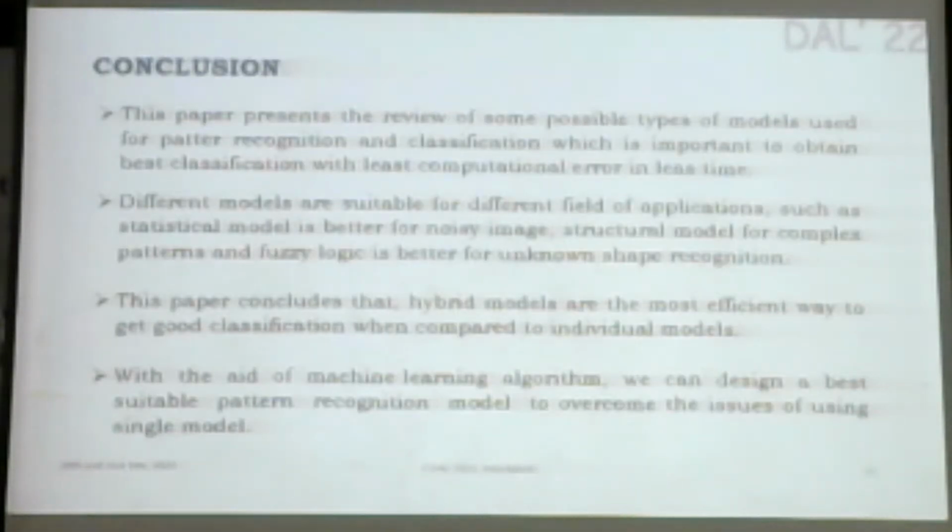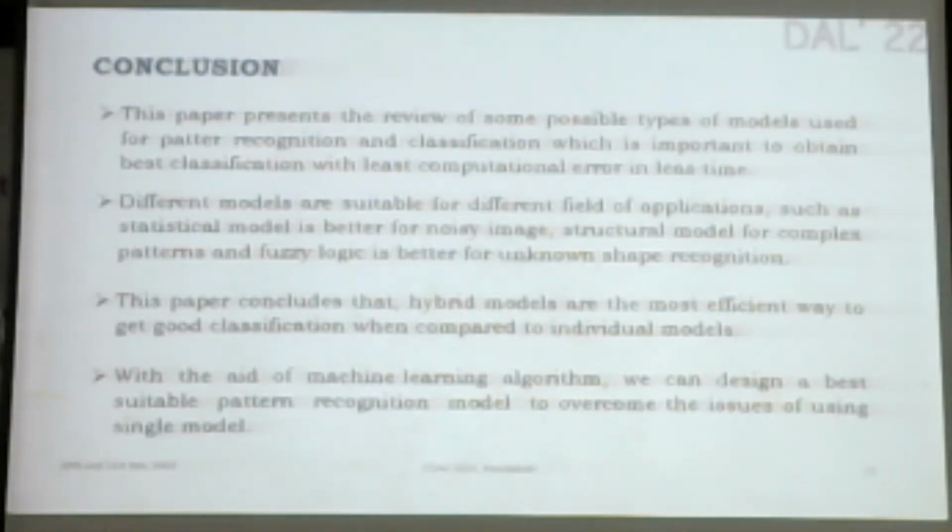This literature survey shows that using a hybrid model is better than using a single model. For better pattern recognition, we can use pattern recognition with machine learning, and this hybrid model.